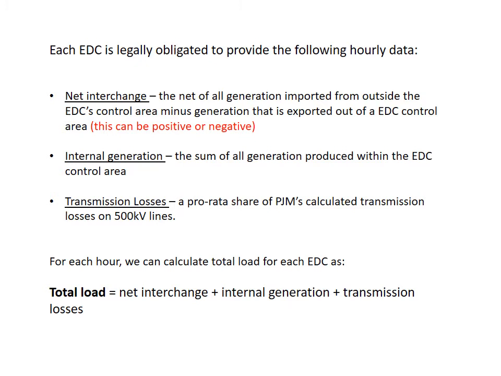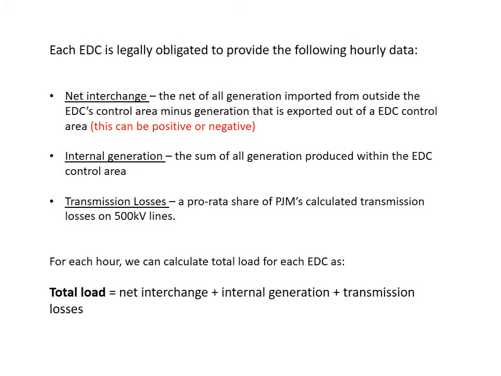And each EDC that participates in PJM every year is legally obligated, in order to participate in the wholesale market, to provide the following hourly data. Net interchange, so that's the net of all generation that's imported minus all the generation that's exported out of each one of those individually colored areas. And this can be positive or negative. It would be positive if you're mostly importing, and it would be negative if you're mostly exporting.